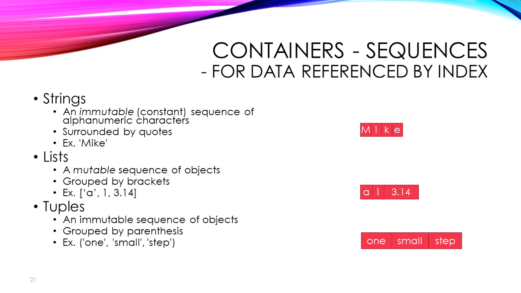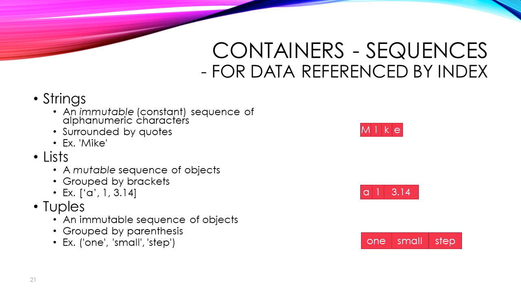An example of a string is my name with a capital M-I-K-E, all stuck together. Of course, if we just had to limit ourselves to characters, it wouldn't be very useful. So Python also allows things called lists. And lists are just basically a sequence of objects that we can change. And the objects don't have to be the same.